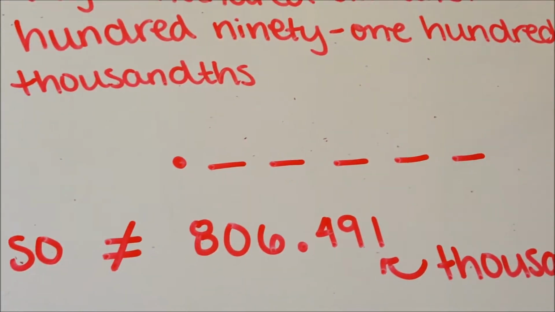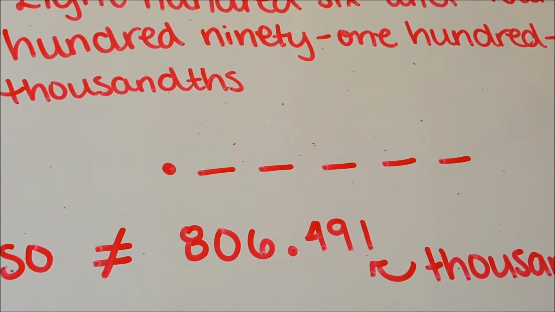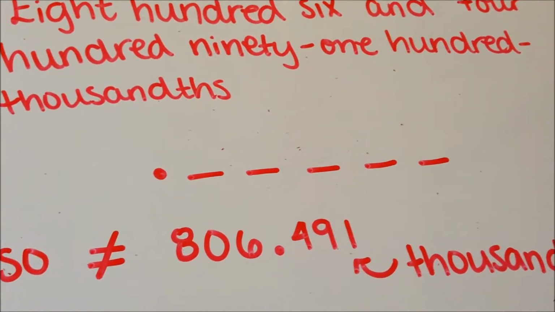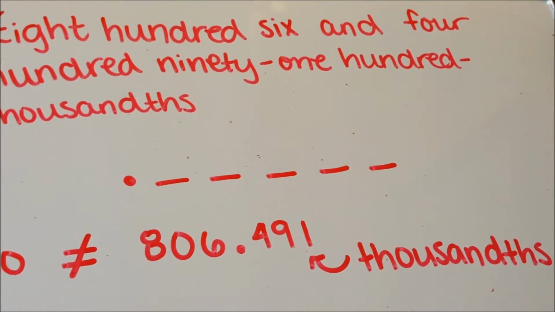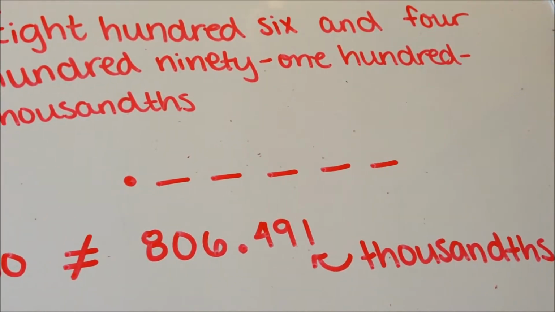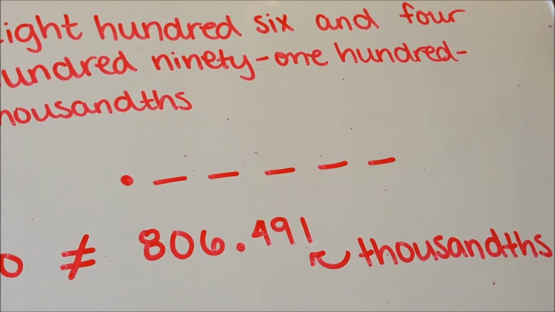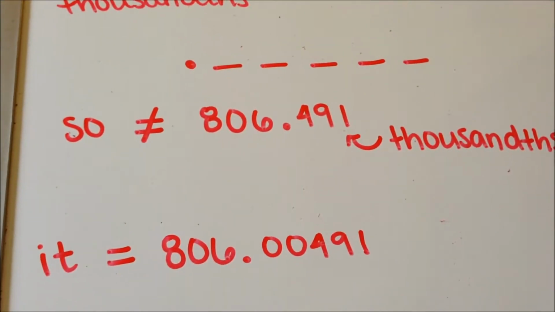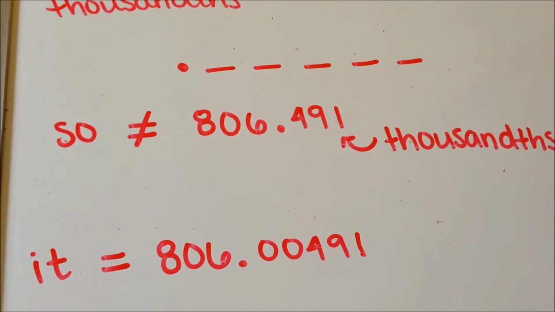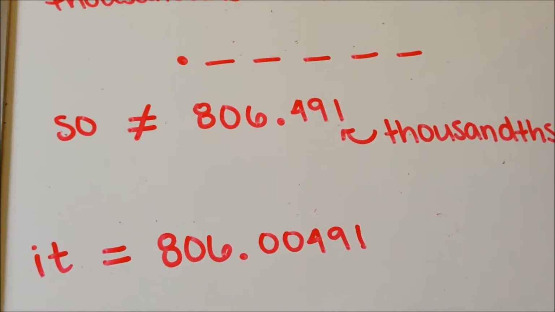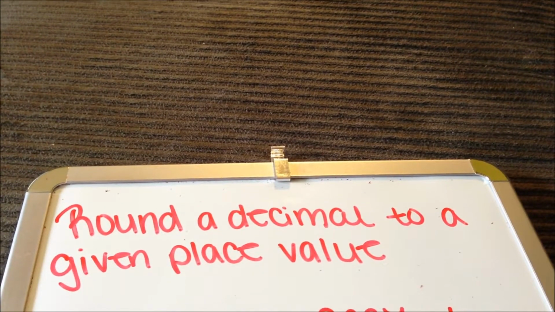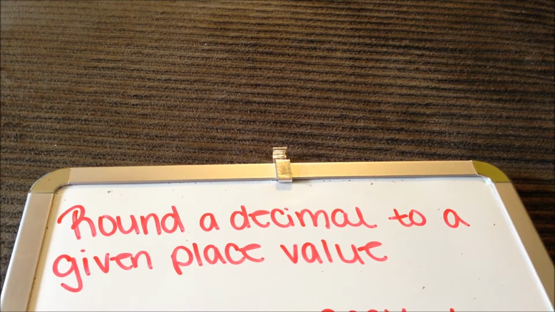Our answer is not 806.491. 491 will be part of our answer, but it ends in the thousandths position. We have to have 2 more places. So our final answer will look like this: 806.00491.